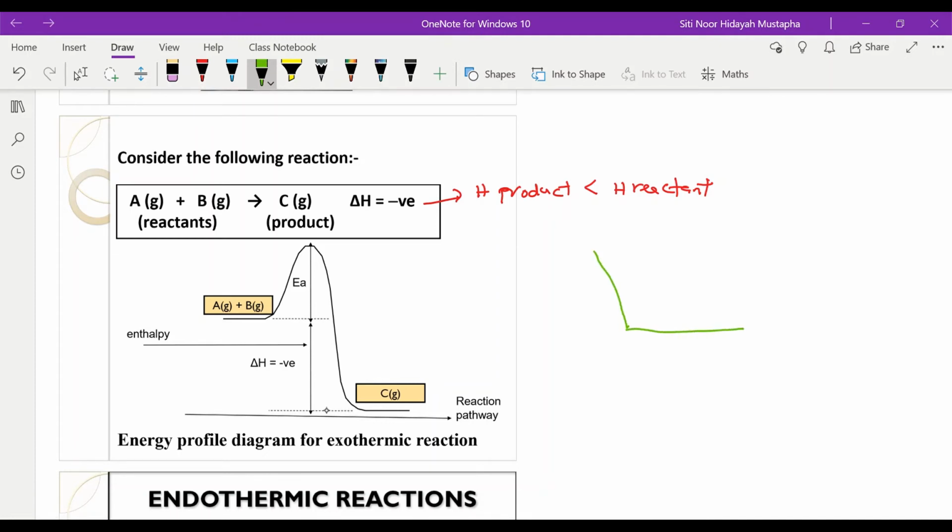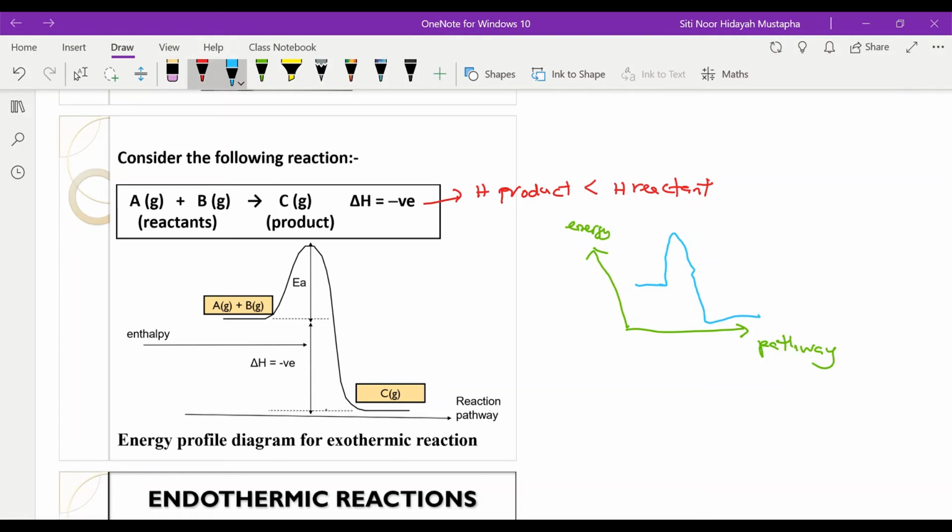Okay, this is, let's say, enthalpy. This is your profile or pathway. This is your energy. Let's say you start your system here. This is your start energy level of reactants, and then you have a certain value, and then it goes down.